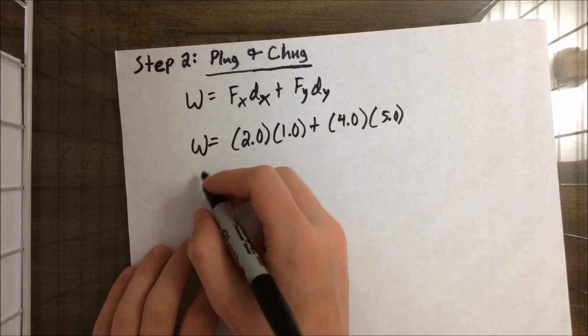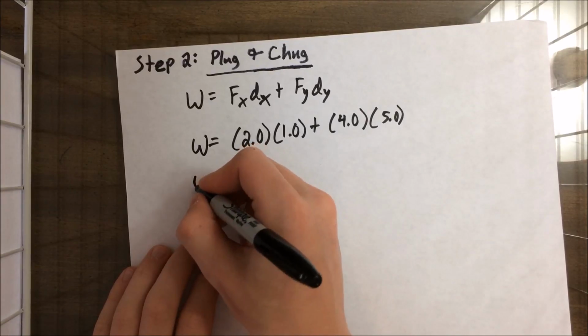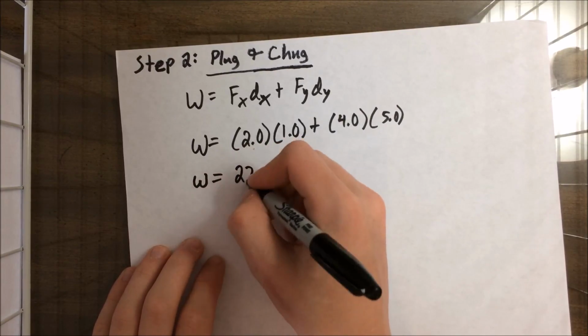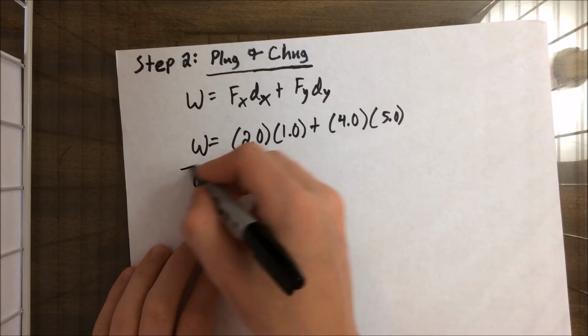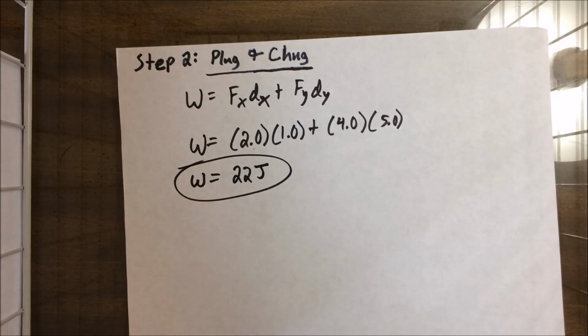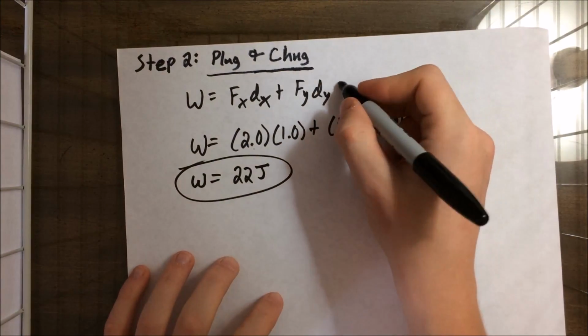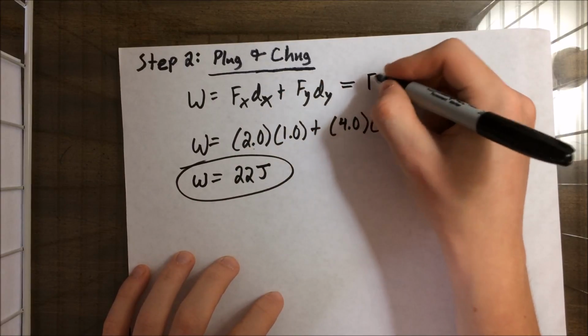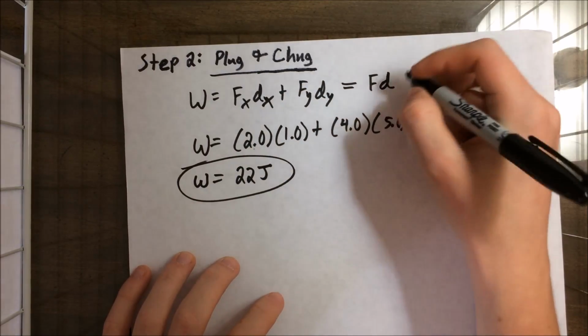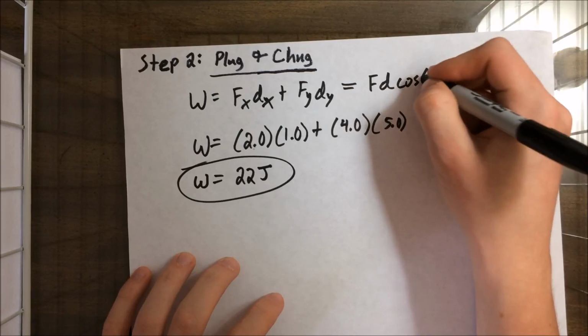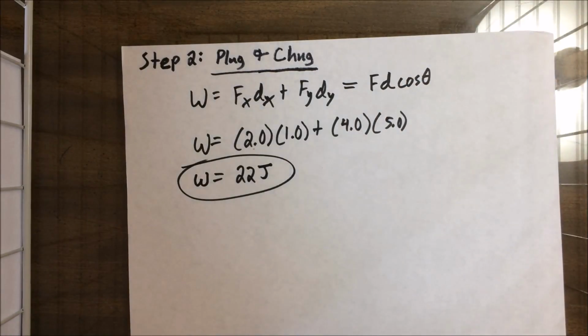Alright, so then we get that work is equal to 22 joules. So you should get the exact same answer, because if you remember, that is the same as F d cosine of theta. It's just a different way to go about solving it.